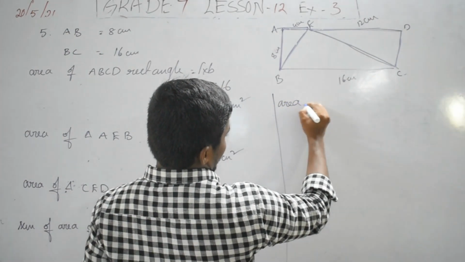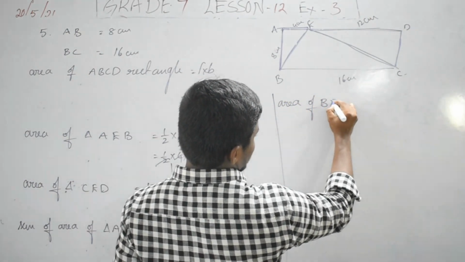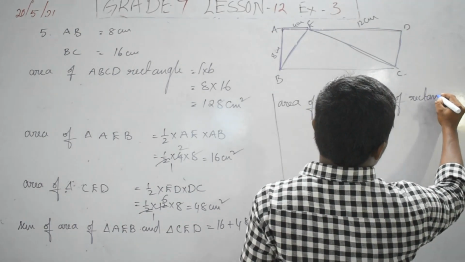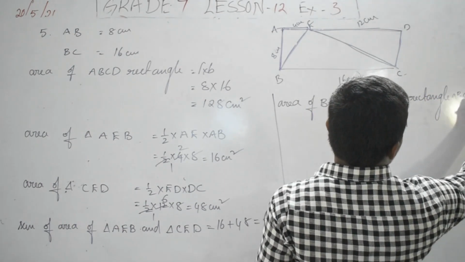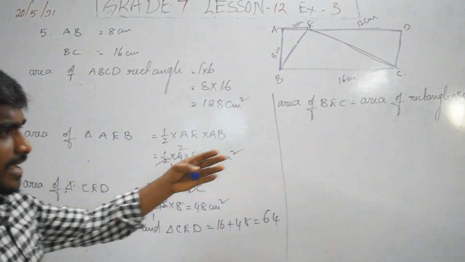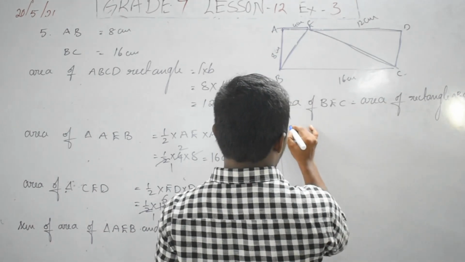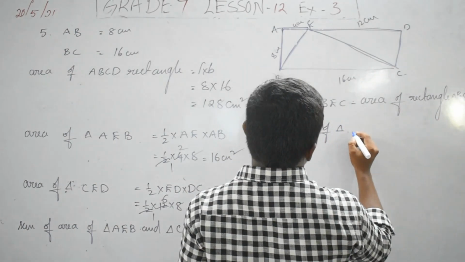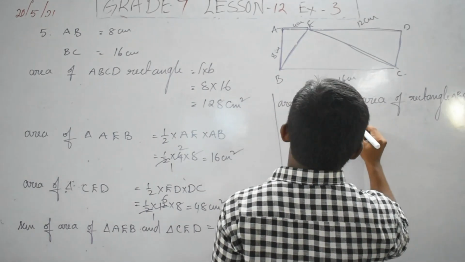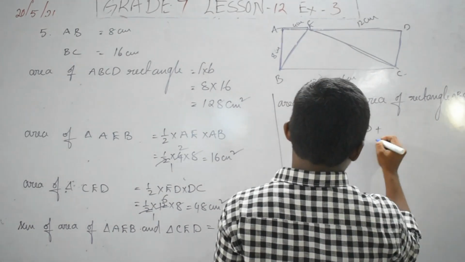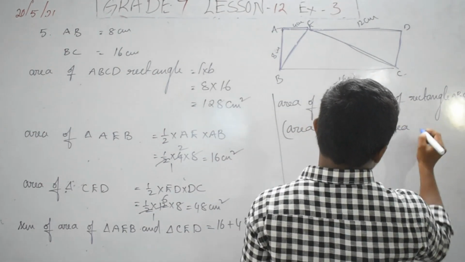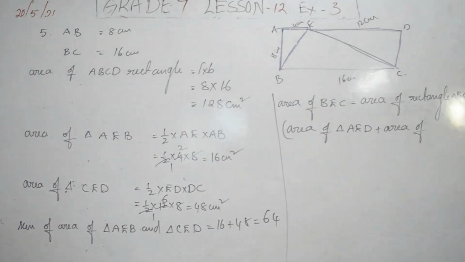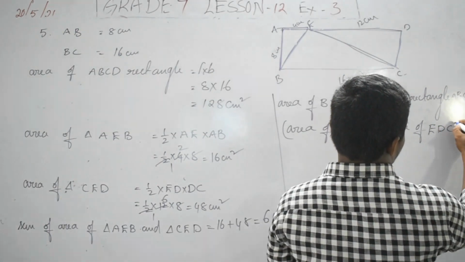Now area of BEC equal to area of rectangle ABCD minus area of triangle AEB plus area of triangle EDC. Now here see.